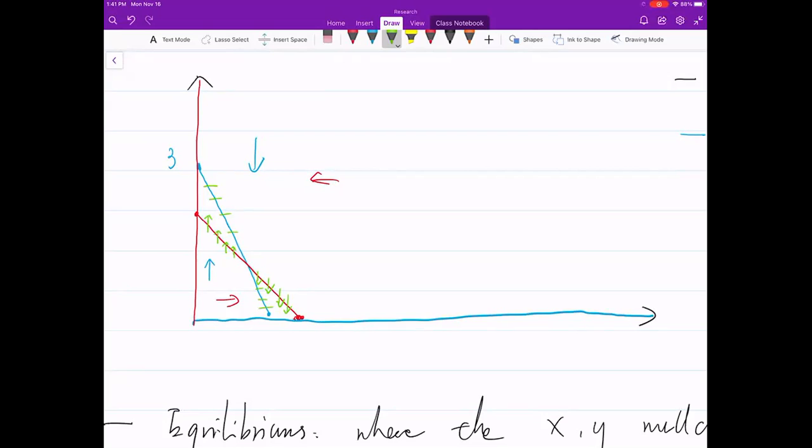So anything below the red line goes to the right, and anything above goes to the left. Sounds good?